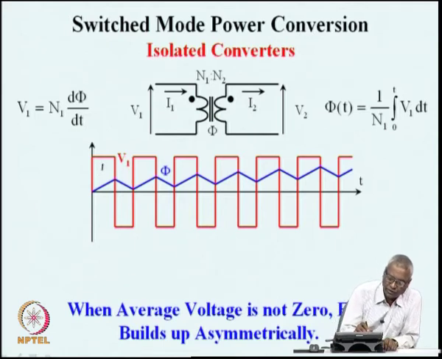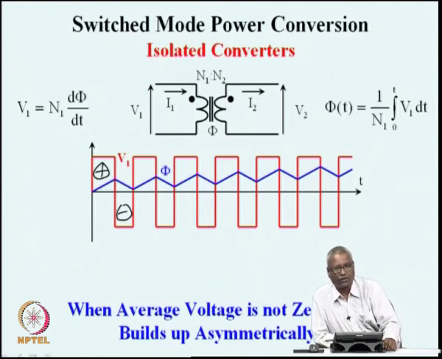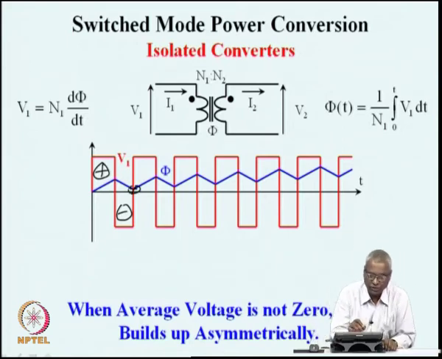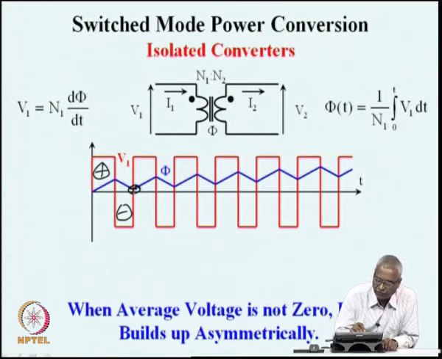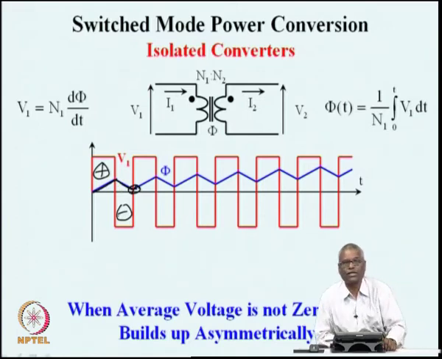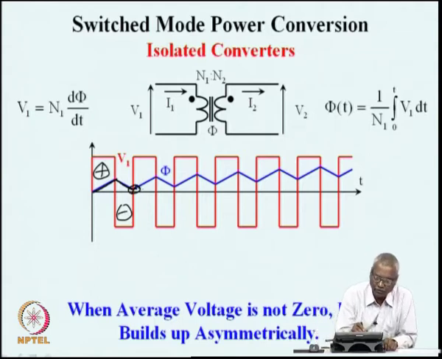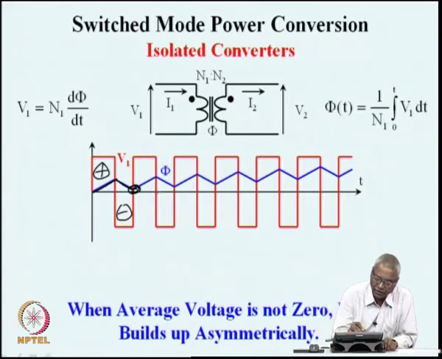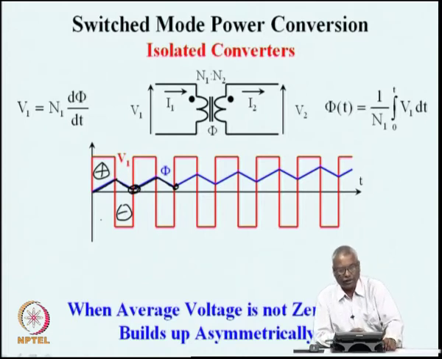You see here the positive half voltage and the negative half voltage volt-second areas are not equal. On account of that, in every cycle there is a small accumulation of flux. In the first cycle, during positive half flux increases, during negative half flux decreases, and because the positive volt-second and negative volt-second are not equal, flux reaches a net value at the end of one cycle, and in the next cycle it acquires a little more flux and so on, and slowly the flux builds up.